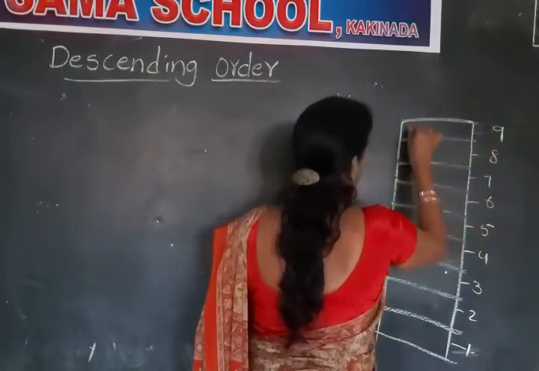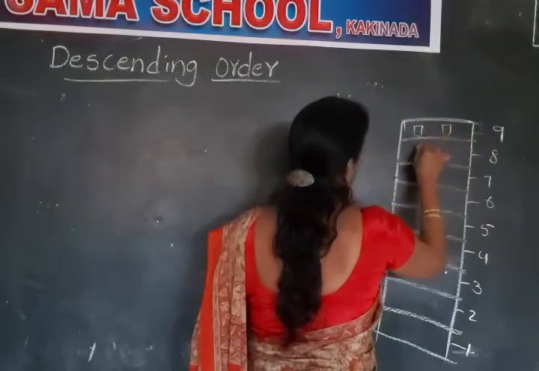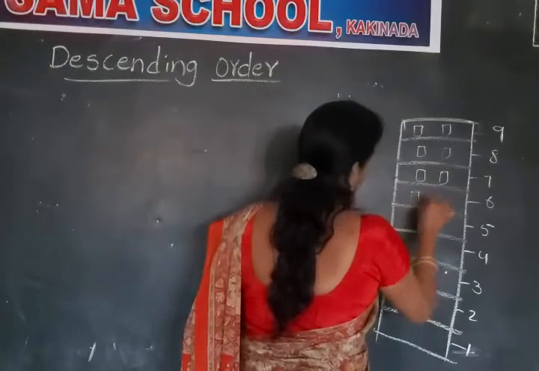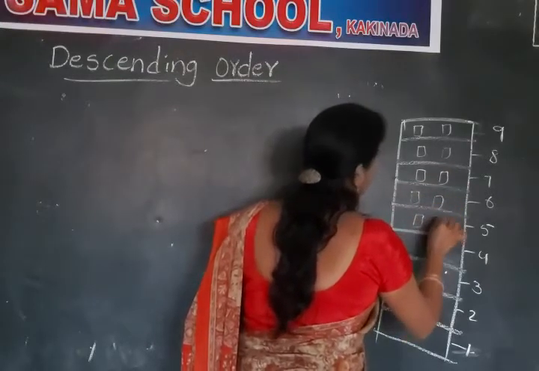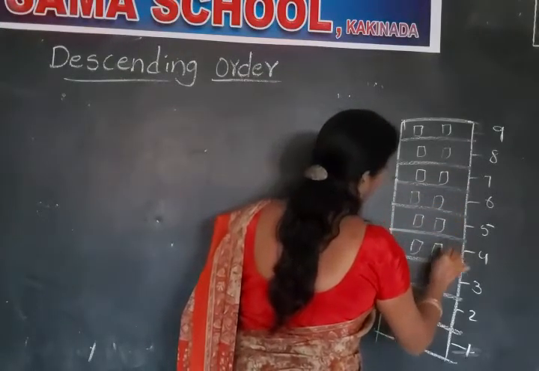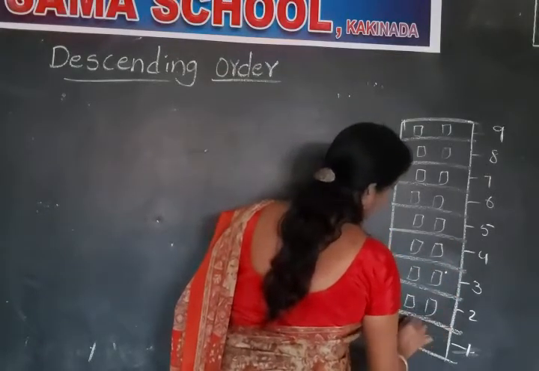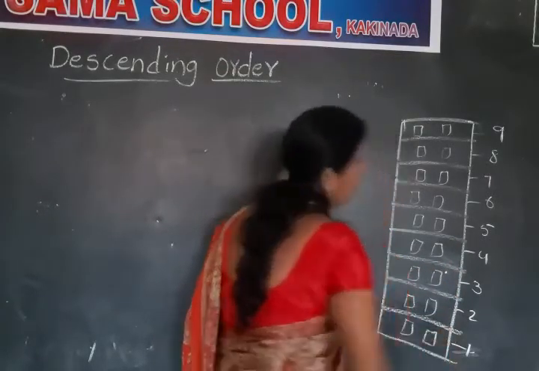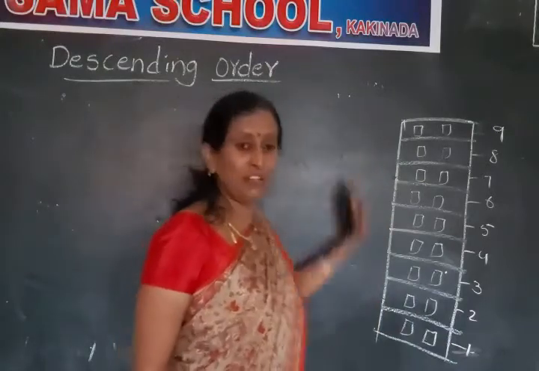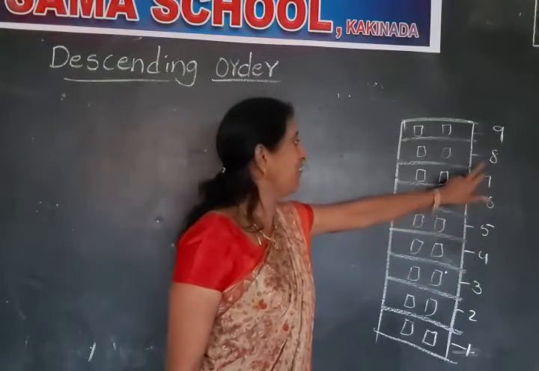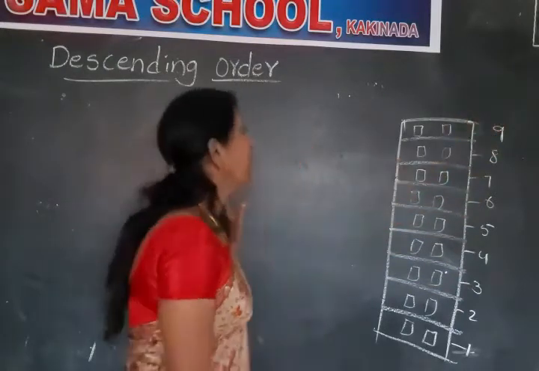Here are 9 apartments, not 9 flats. 9 floors are there in this apartment. How many floors? 1, 2, 3, 4, 5, 6, 7, 8, 9 floors.